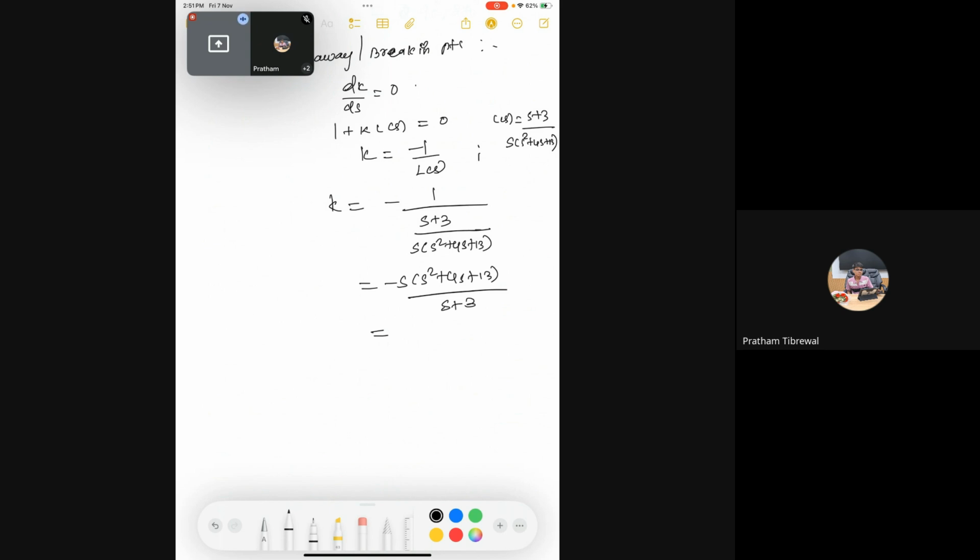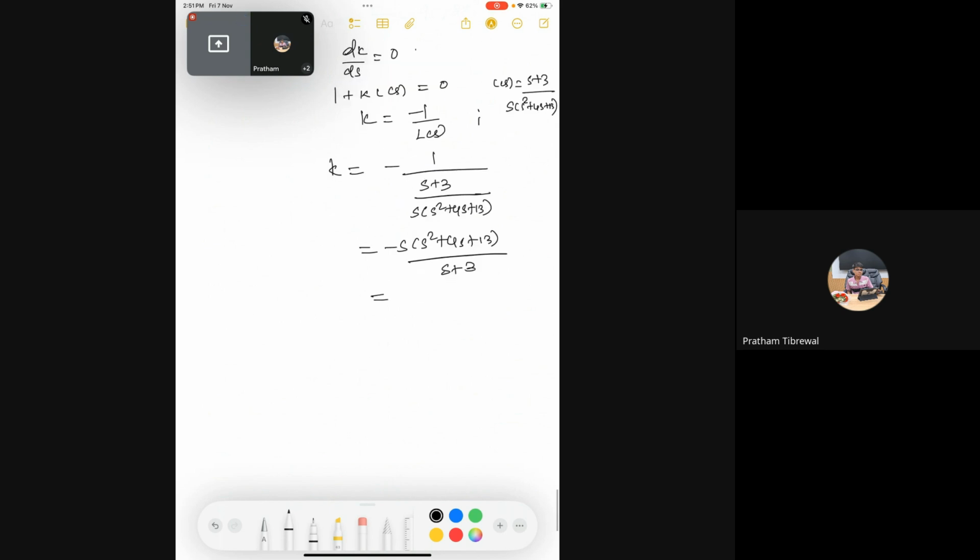Solving this, can I split this with s plus 3? No, not possible. So I will just write it as s cube plus 4s square plus 13s by s plus 3.